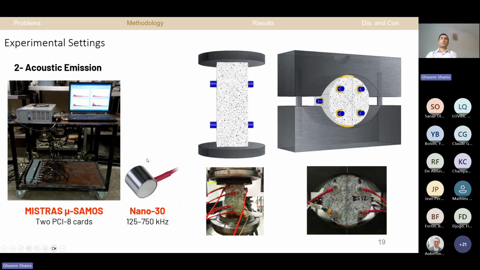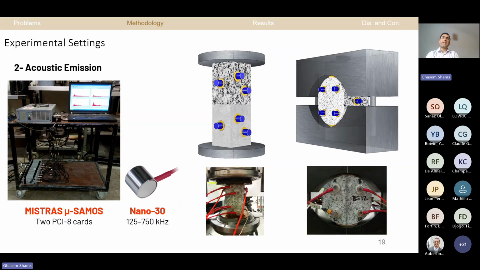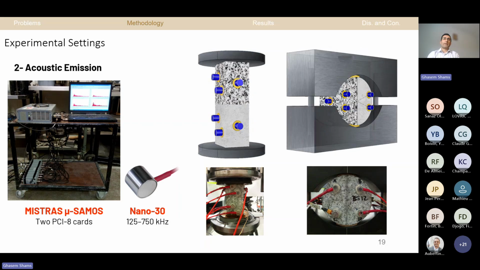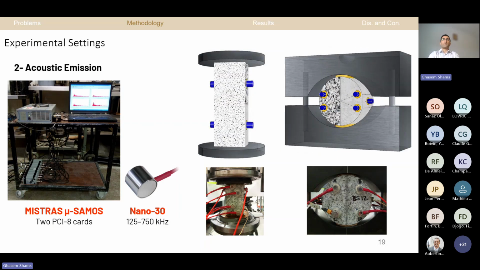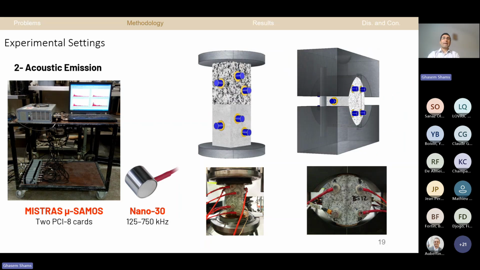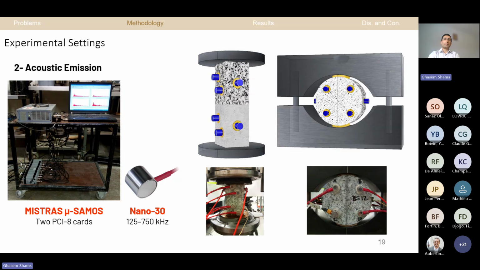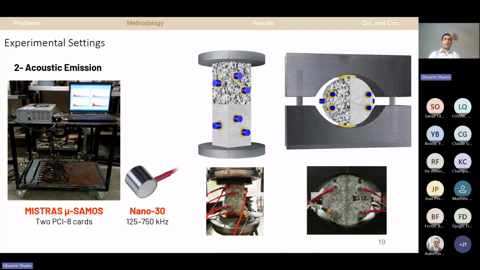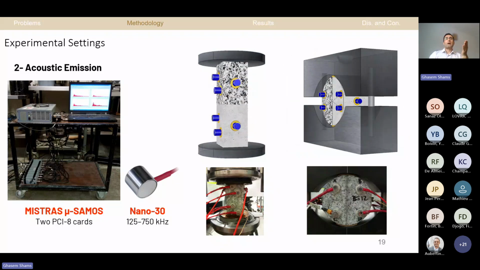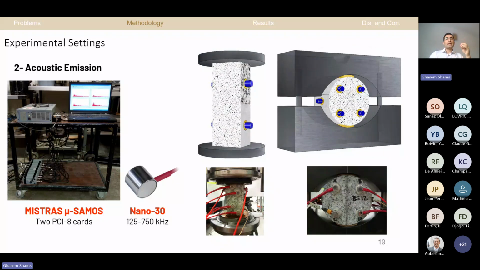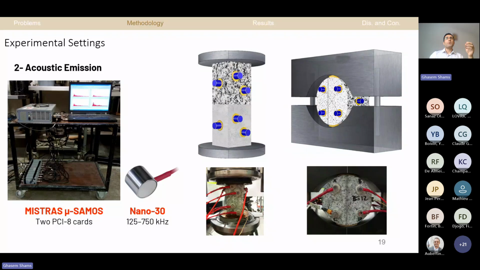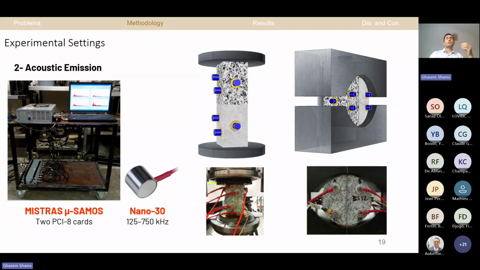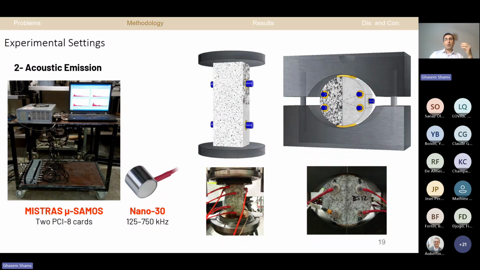And this is a 3D illustration of how we attach the configuration of acoustic emission sensors over the surface of a specimen. We use 8 sensors for direct tensile test and 10 sensors for Brazilian test. And again, I repeat that we need at least 6 sensors to be able to use moment tensor inversion to determine the type of microcracks.